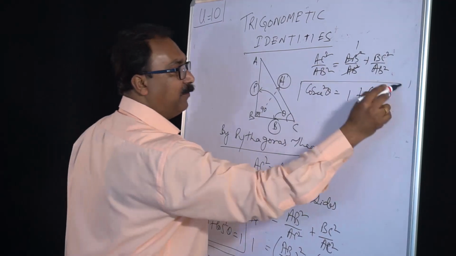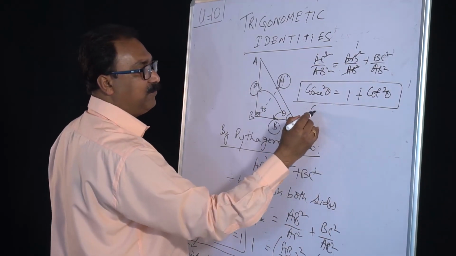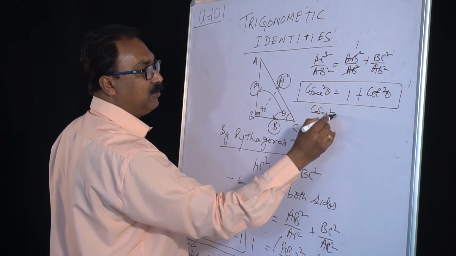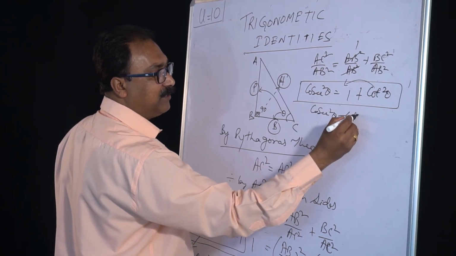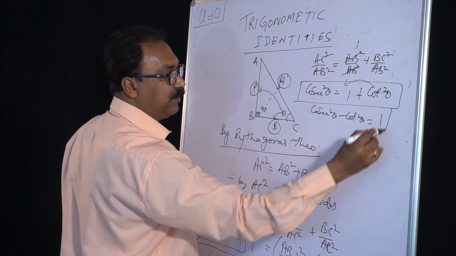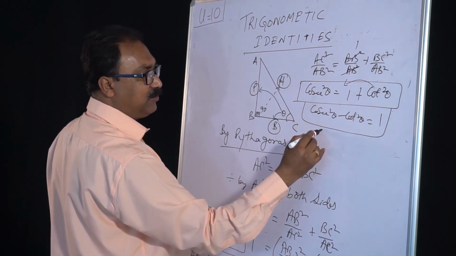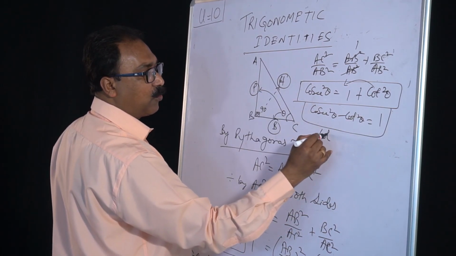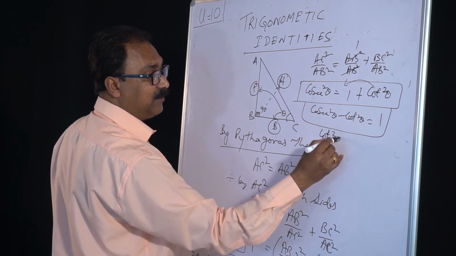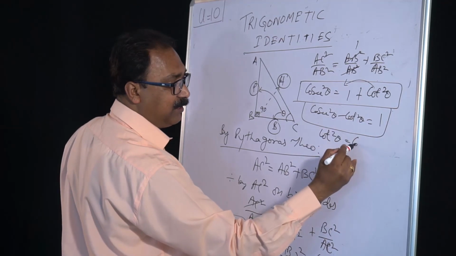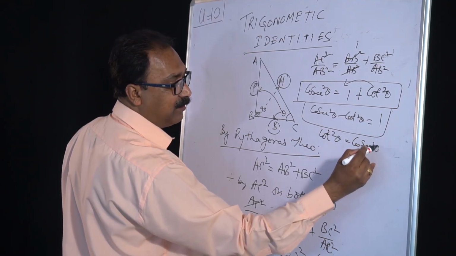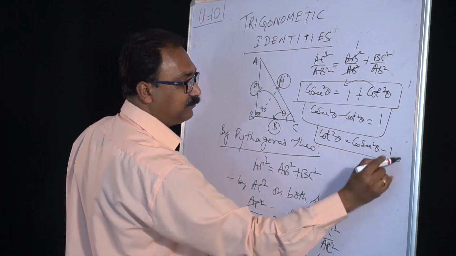So we get another formula. From there you can manage this formula also: cosec square theta, bring this side, minus cot square theta is equal to 1. You can refer to this. If you want only cot square theta, bring 1 to this side, so it will be cosec square theta minus 1.